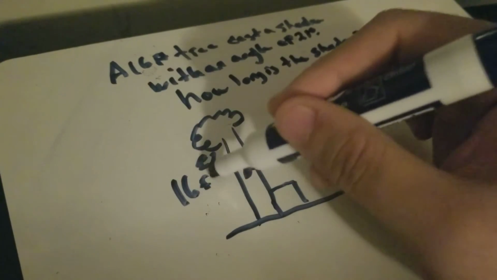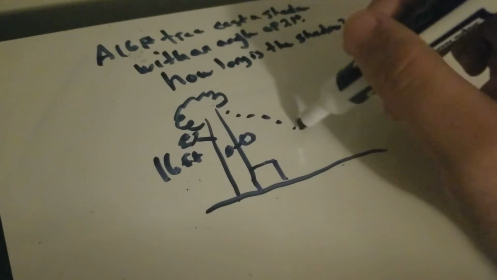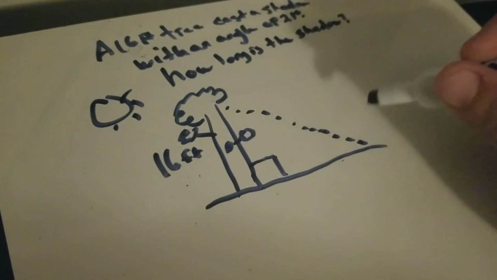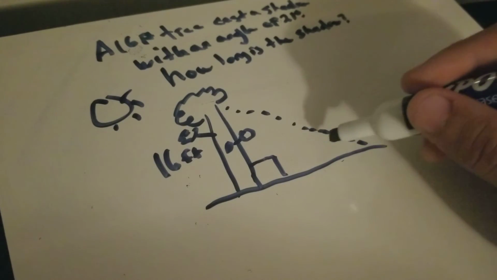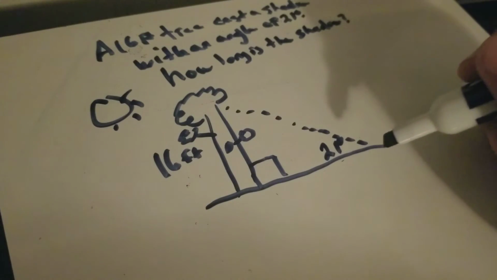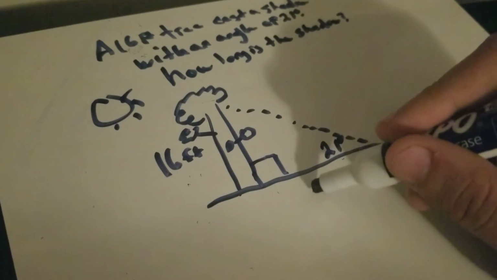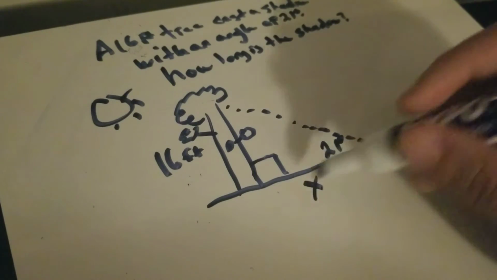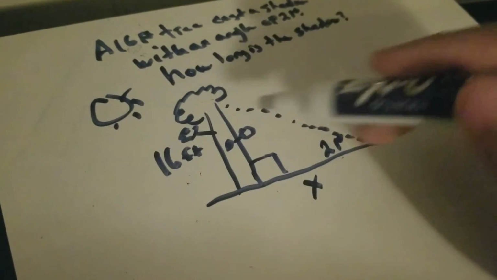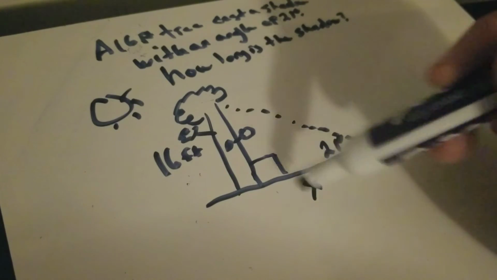It's casting a shadow, the sun's up here, I guess. We know the angle of elevation of the shadow is 21 degrees down here. I want to figure out how far the shadow casts, how long it is, so I want to find x. Well, look at that, I just made myself a right triangle.